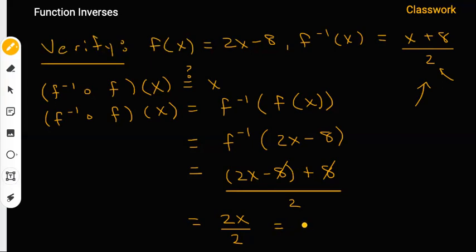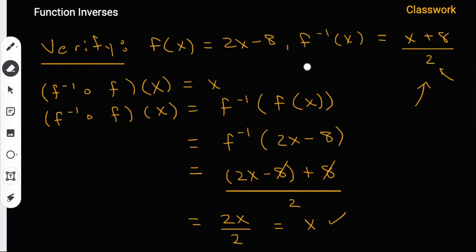So if the 2's cancel out, I'm just left with an x. And I'm done. So I was trying to figure out if when I verified this, the two functions, when I compose them, give me x. And that, of course, is true. So I can get rid of the question mark up here.